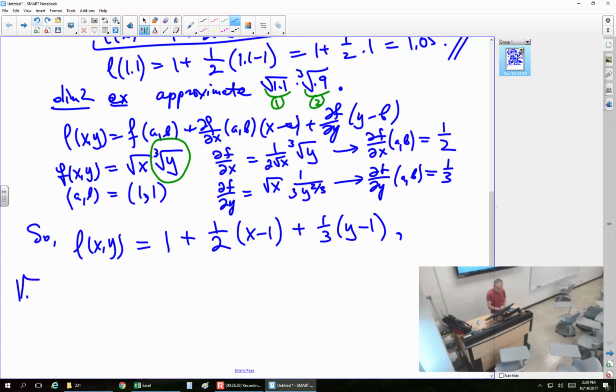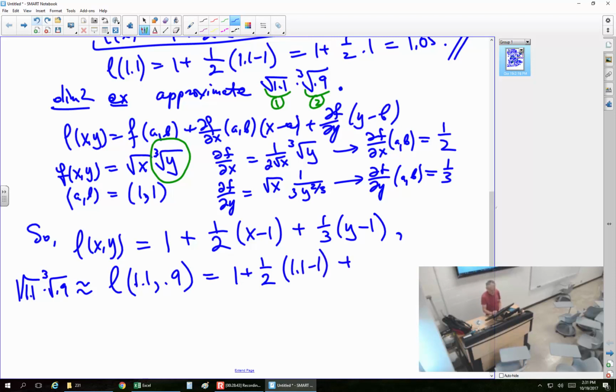So square root of 1.1 times cubic root of 0.9 is approximately equal to L of 1.1, comma 0.9. Okay, so 1 plus 1/2 times 0.1, 1.1 minus 1, plus 1/3 times 0.9 minus 1. So what we end up with is, once again, this will be 0.05, and this will be negative 0.03.